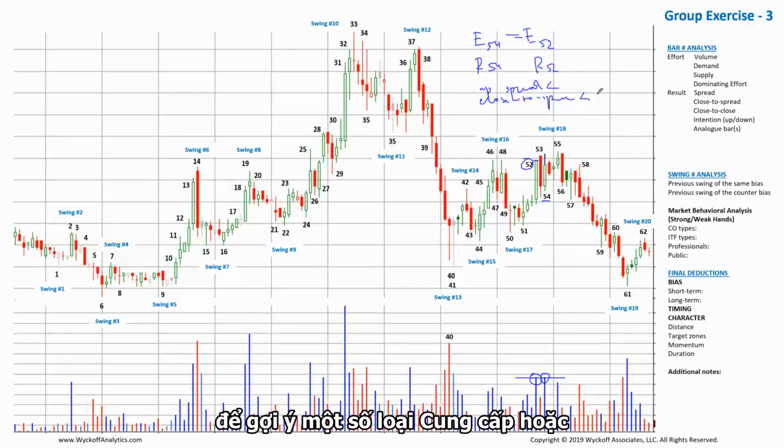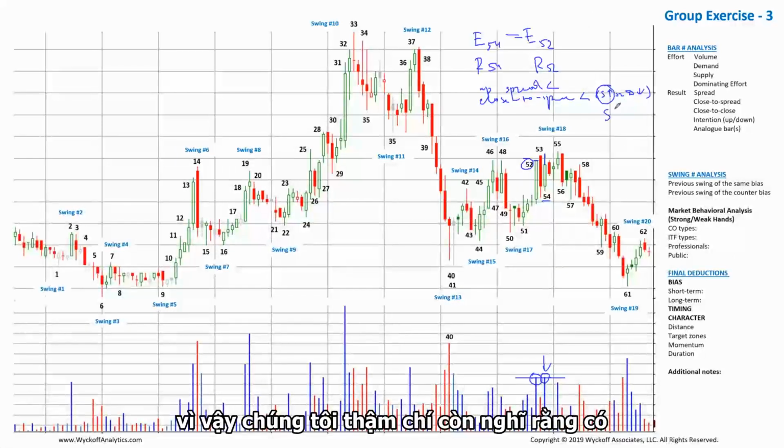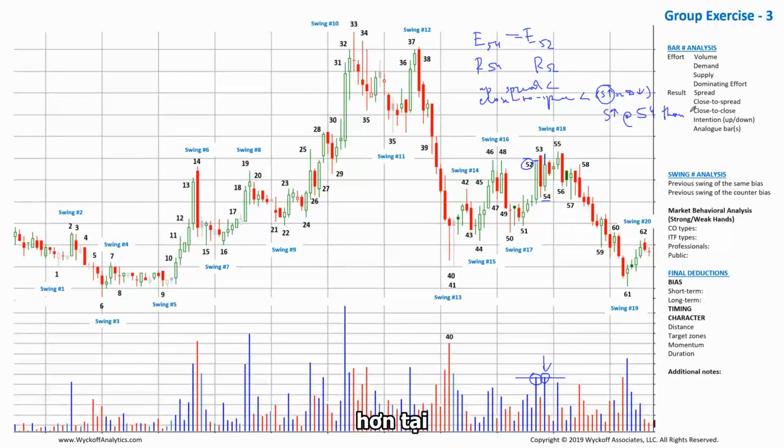So that suggests some kind of supply or deterioration of the demand, and with the volume signature, most likely increase of the supply. So we're even thinking that there is more supply at 54 than at 52, just because of how result is being shown to us.